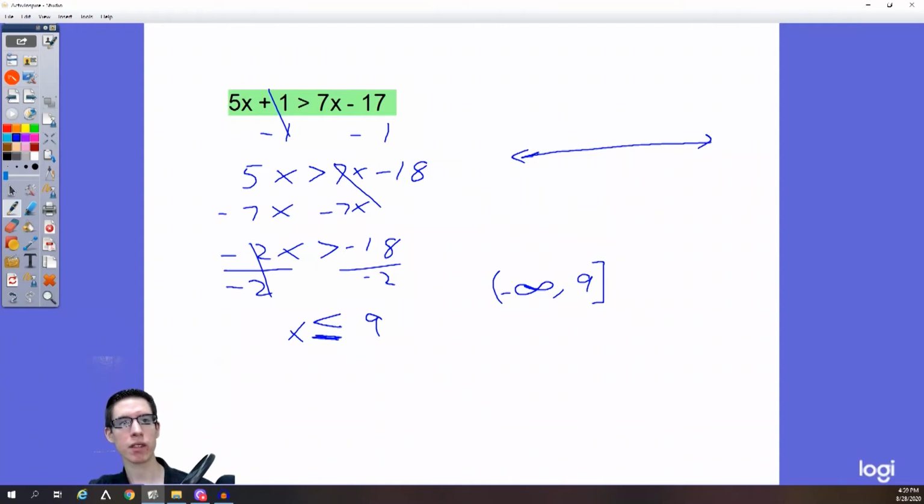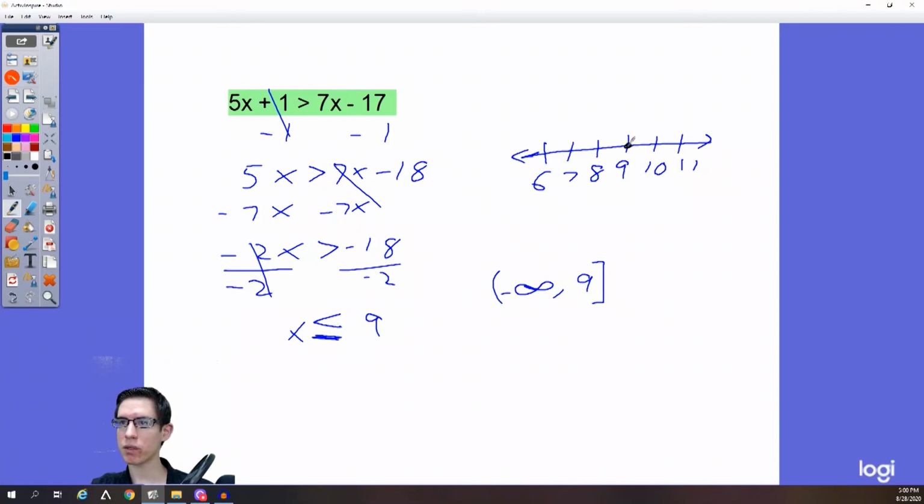So let's see what this looks like graphically, and hopefully between the two you'll start to see how this makes sense. Let me just make this 9, 10, 11, and let me make this 8, 7, and 6. Because it's x less than or equal to 9, that means all numbers smaller than 9 get included. So that means everything in this direction.